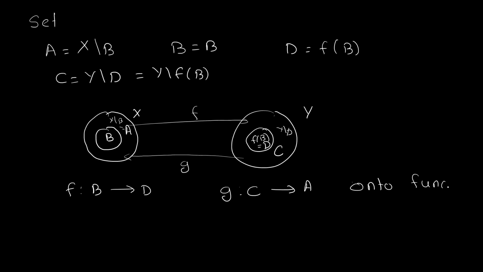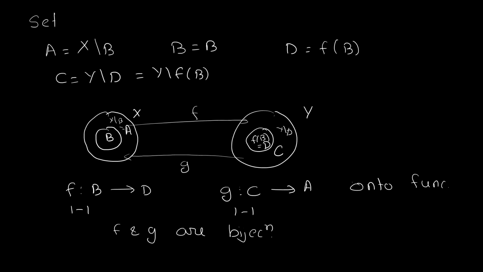Obviously both of them become onto functions, since B to f of B it becomes onto, and from C to A it also becomes onto. Now already f and g were given to be one-one functions in the theorem. That means f and g are bijections.